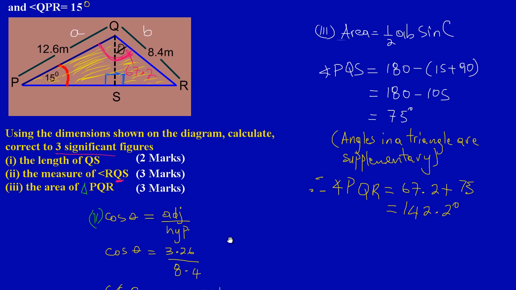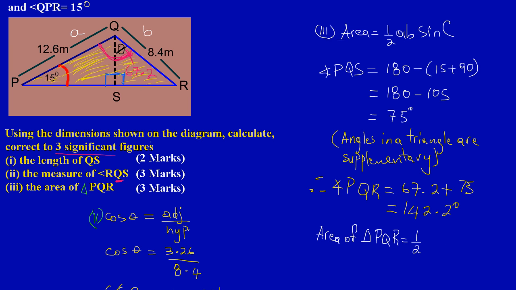Now, having this angle here at the apex, this total angle here that I'm running my pointer along, which works out to be 142.2, we can now simply say that this angle here, since we have the total angle, that's sine C, so I can go back to my original statement to say that the area of triangle PQR must be equal to half, and we said that A was the same as 12.6 because A is one of the sides that forms the angle.